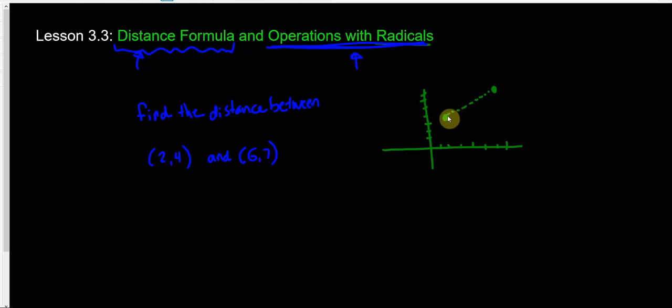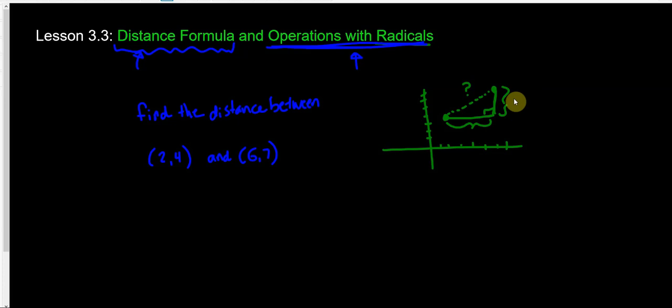Getting distances is going to be hard, but we do know some background knowledge to help us. It's easy to find distances straight left and right, and straight up and down. If I can find this distance up and down, and this distance left and right, then I have the distance of the 2 legs of a right triangle, and I would just be looking for the hypotenuse to find the distance between these 2 points.